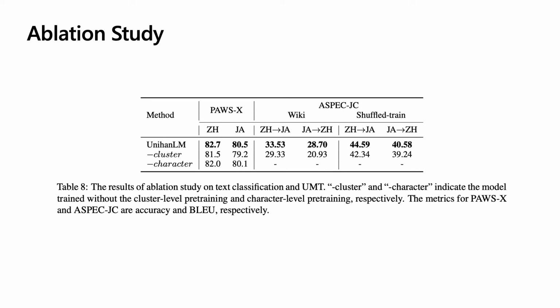And also we use the model after the first training phase, after the coarse level training phase. It's marked as minus character. We use that model on the text classification task, and it performs worse than UnihanLM. So it verifies the design choices of our model.